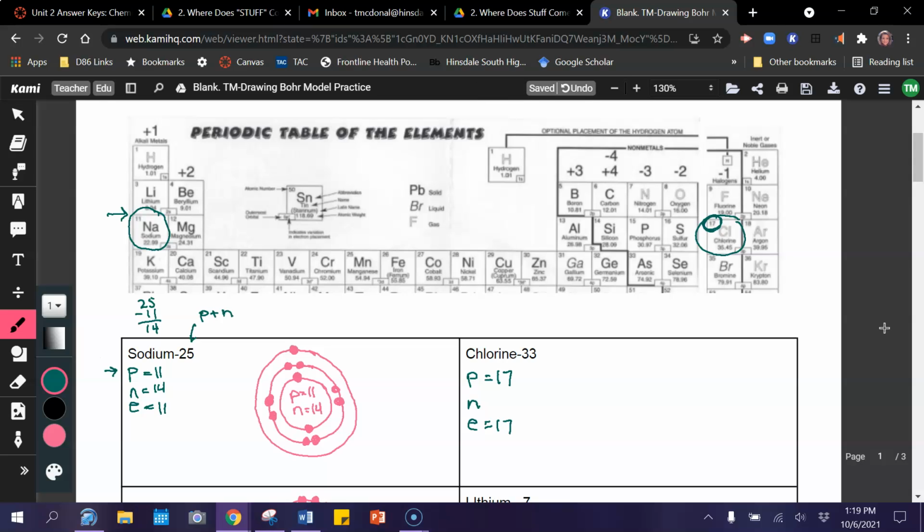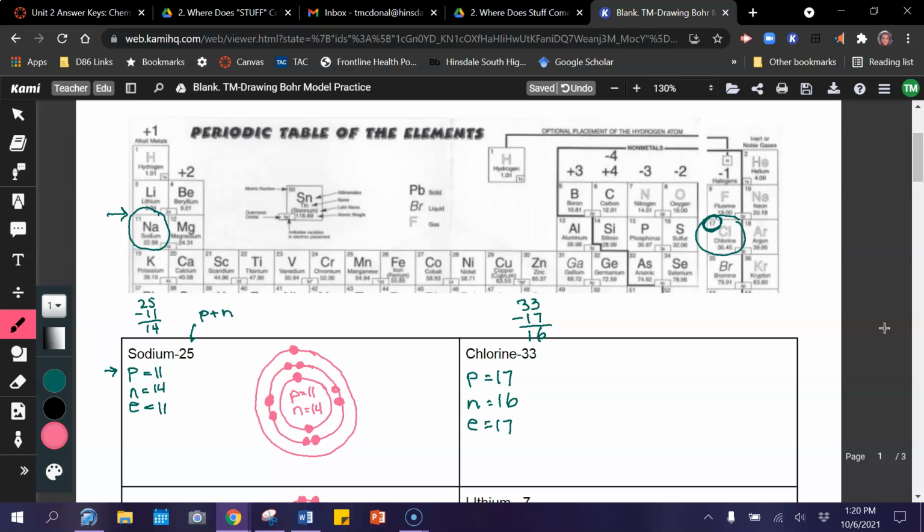And then to figure out how many neutrons I have, I'm going to subtract 17 from 33, and that will give me 16 neutrons.